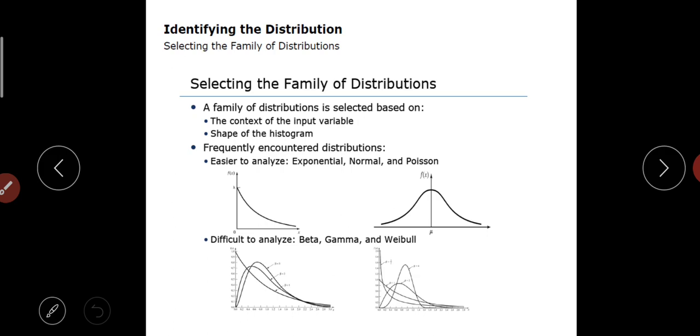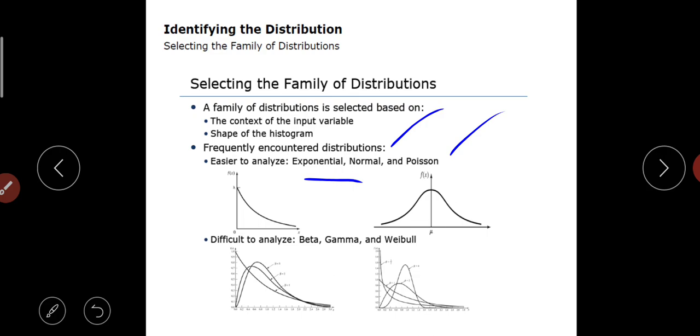After knowing the shape of the data, the next step is to select a family of the distribution. A family of the distribution is selected based on the context of the input variable and the shape of the histogram. Frequently encountered distributions are the exponential distribution, normal distribution and Poisson distribution.